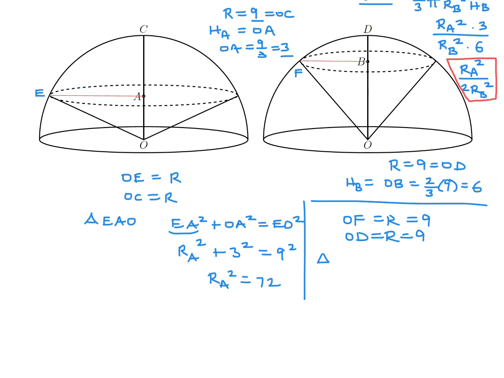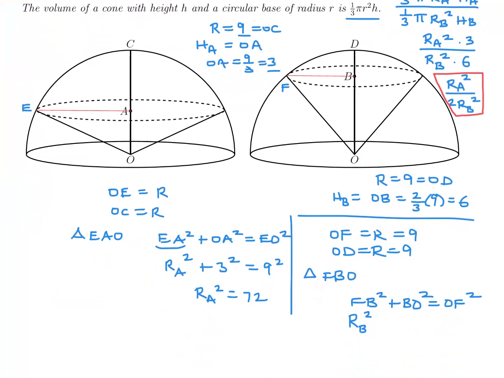Okay, so then again in triangle FBO this time, using Pythagoras, FB squared plus BO squared will be the same as OF squared, right? So FB is what we're trying to figure out, and that's the radius of B, the radius of the cone that has B as the center of its base. And then BO, I think we figured that out somewhere. We just got to find it.